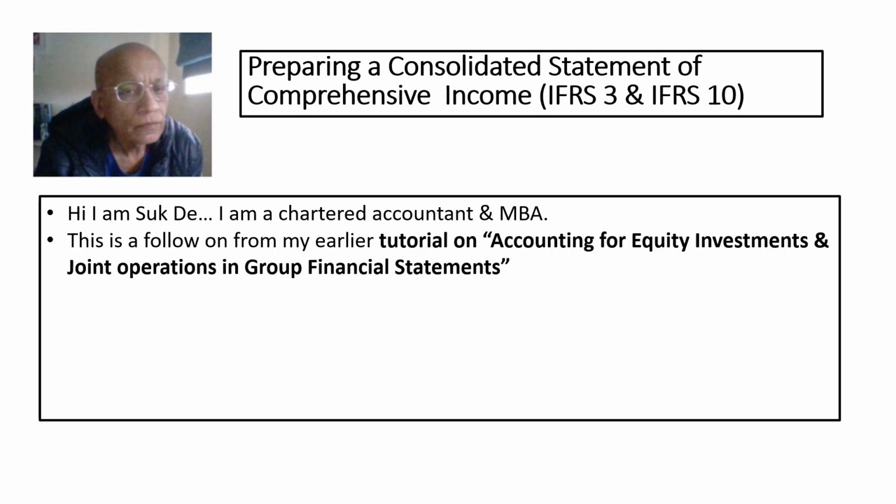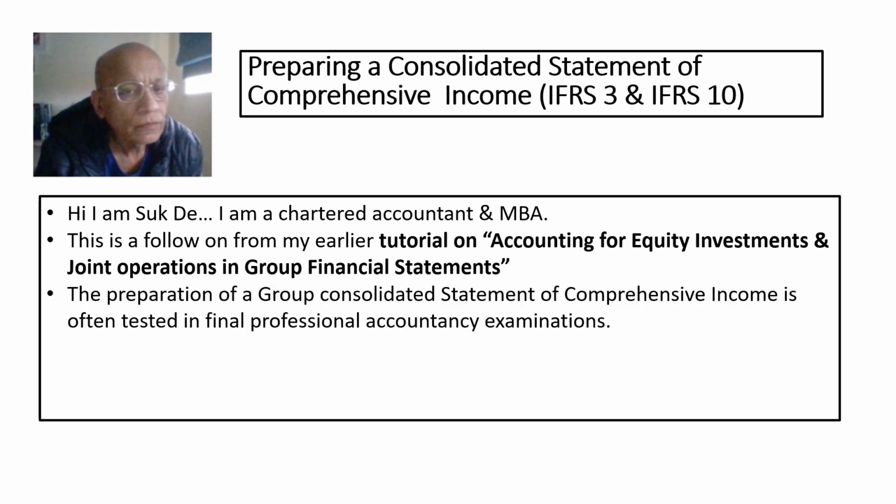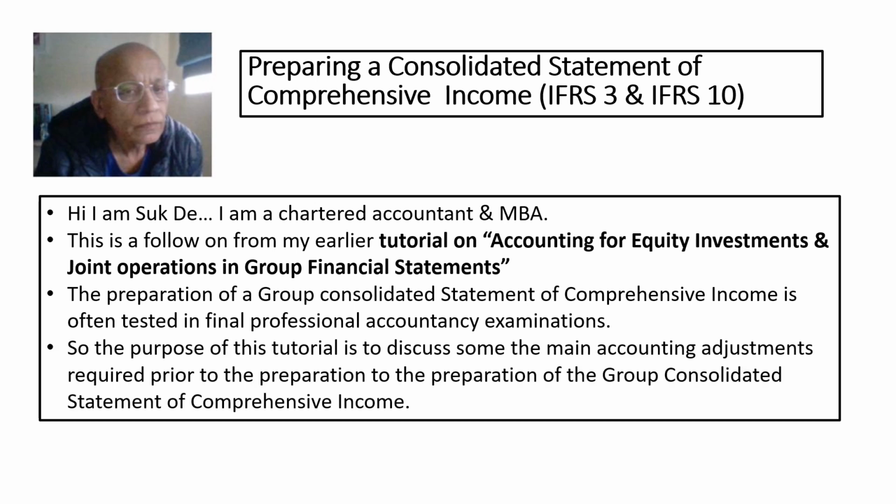This is a follow-on from my earlier tutorial on accounting for equity investments and joint operations in group financial statements. The preparation of group consolidated statement of comprehensive income is often tested in final professional accountancy examinations.